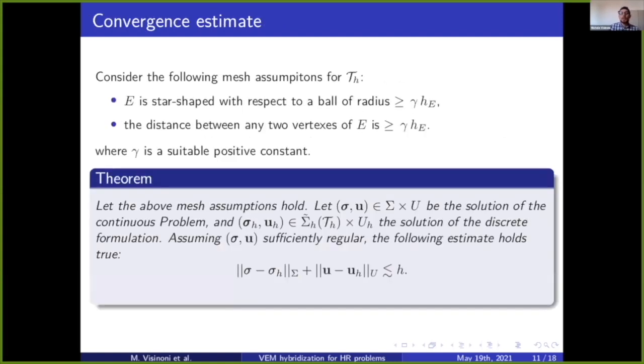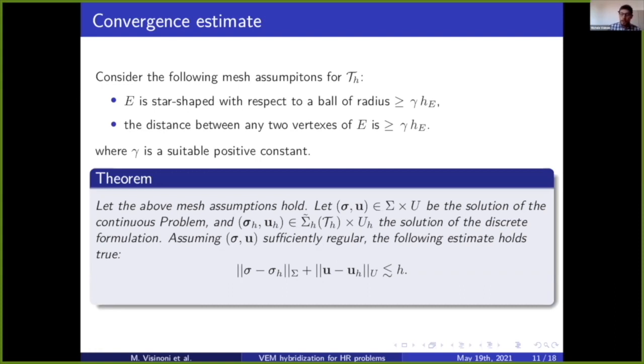So we can use the same convergence theorem of the hybridized problem. The order of our method is first order. Today I do not show the convergence results, but I show some other results.